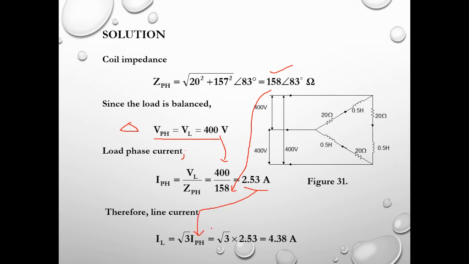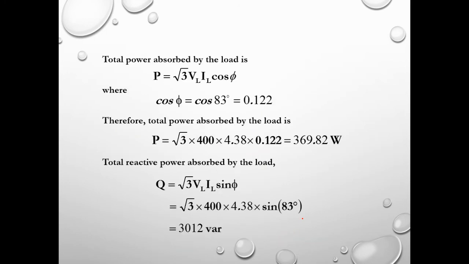In order to calculate the line current, you need to multiply by square root 3. This gives 4.38 ampere for the line current. What about the total power absorbed by the load? Remember this equation: P equals square root 3 V_L I_L cos theta.